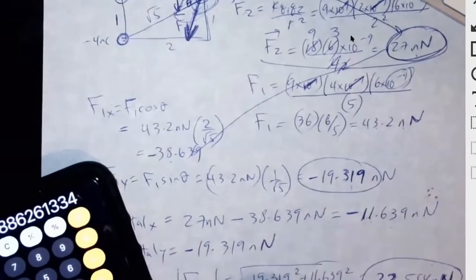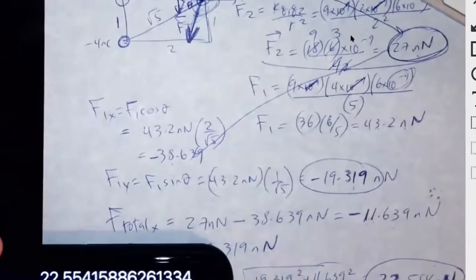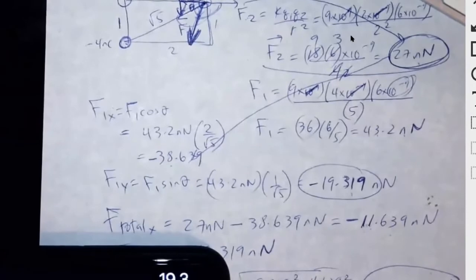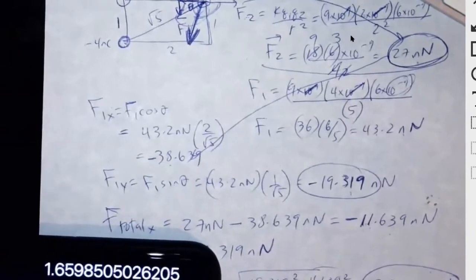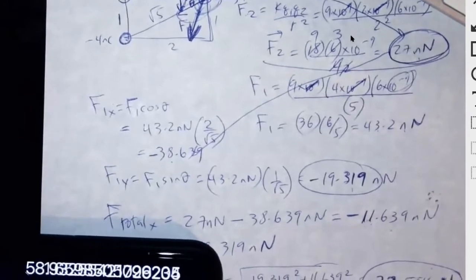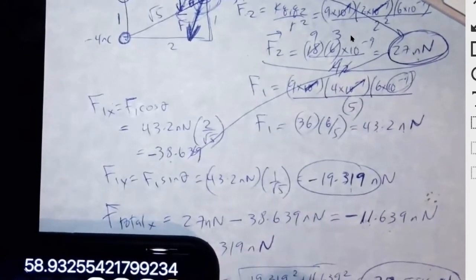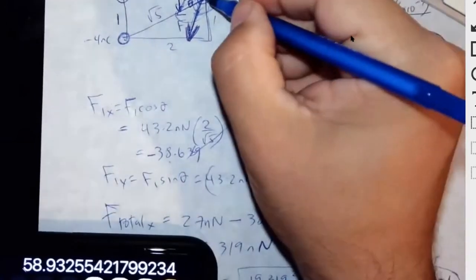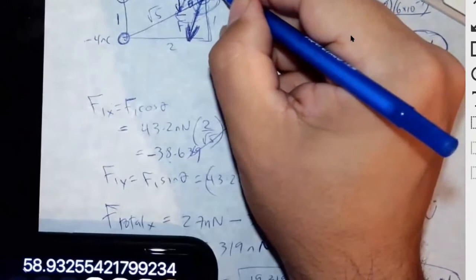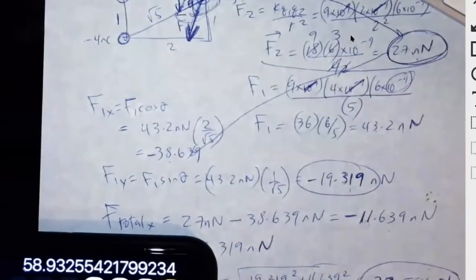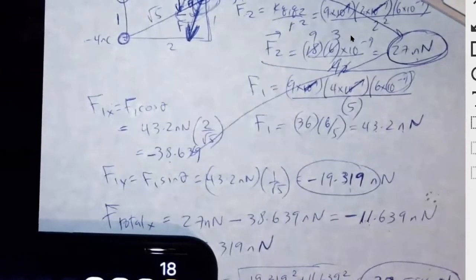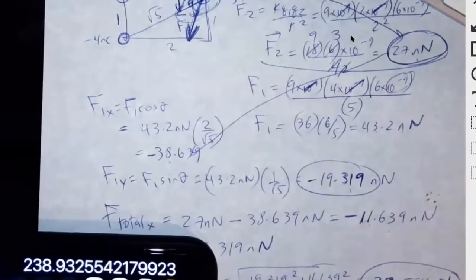So I'm going to do 19.319 divided by 11.639, tangent inverse, 58.93 plus 180, which is going to give us 238.93.